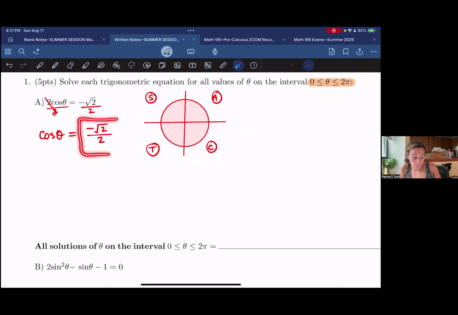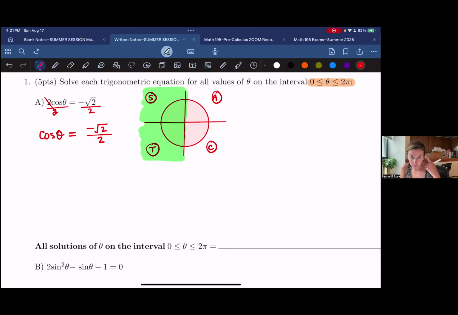But here, in our result, we have a negative result, and we're dealing with our trig function cosine. So we're actually looking at solutions that are both in quadrant 2 as well as quadrant 3, since we want cosine to be negative. So in the green highlighted is where all of our solutions lie.